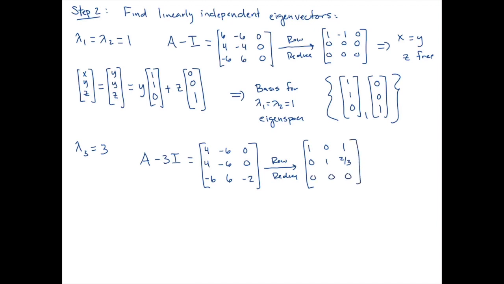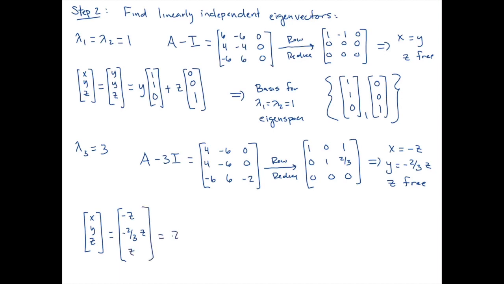Okay. And this tells me then that x is equal to minus z, y is equal to minus 2/3 z, and z is free again. And so therefore we take x, y, z. We're going to replace the x with negative z. We'll replace the y with minus 2/3 z.